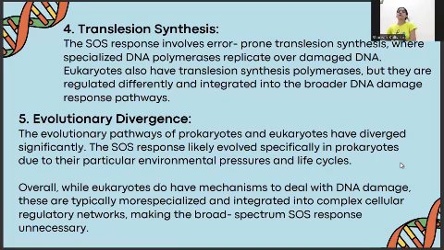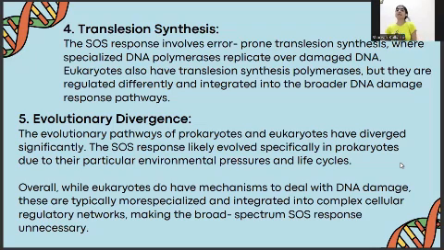Fifth point will be highlighting the evolutionary divergence. The evolutionary pathways of prokaryotes and eukaryotes have diverged significantly. We all know this. This is the fundamental difference between a typical prokaryotic genera and a eukaryotic genera. The SOS response likely evolved specifically in prokaryotes due to their particular environmental pressures and life cycles.